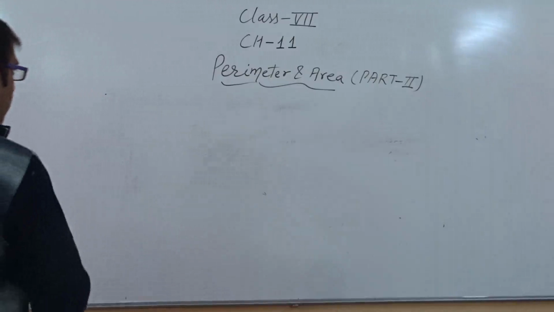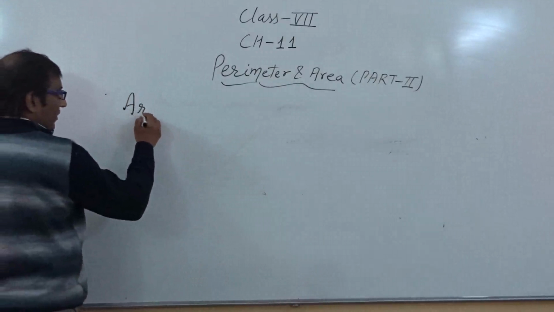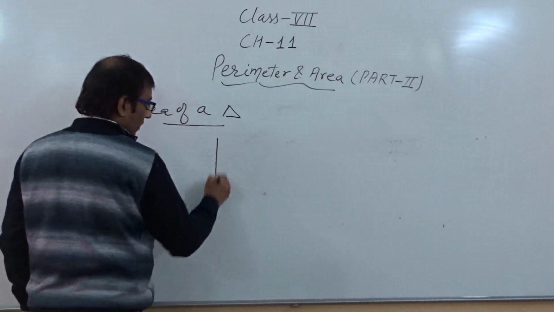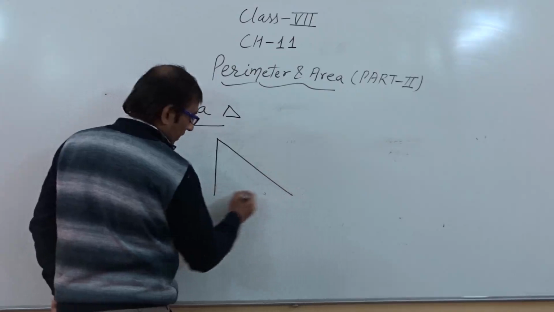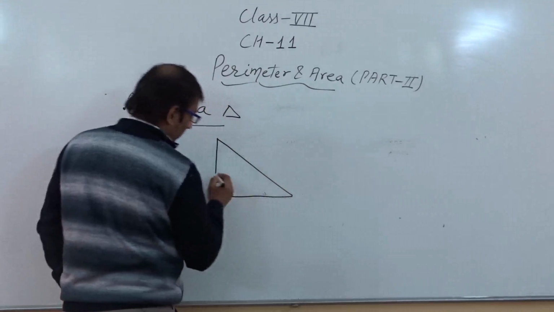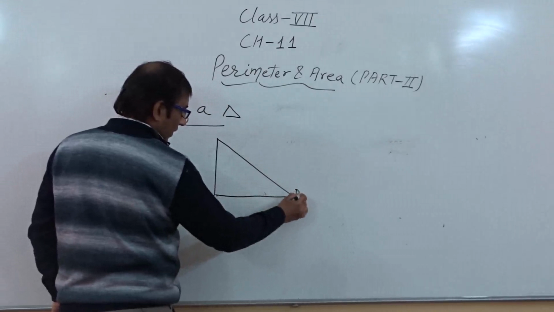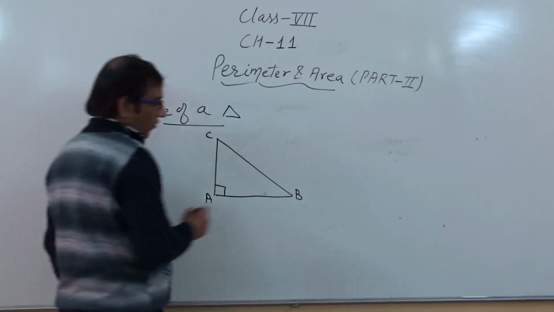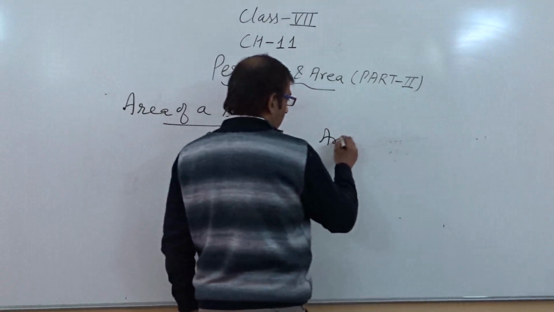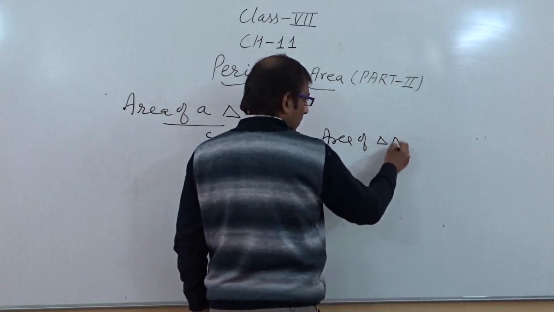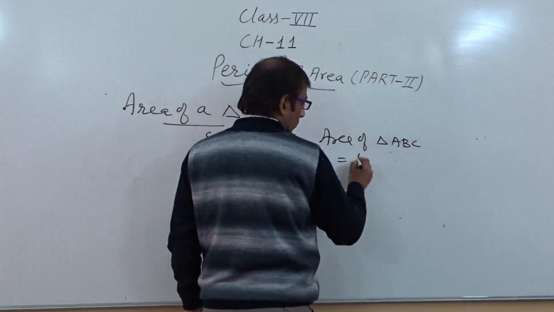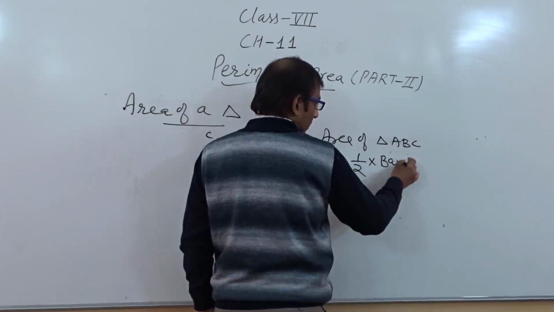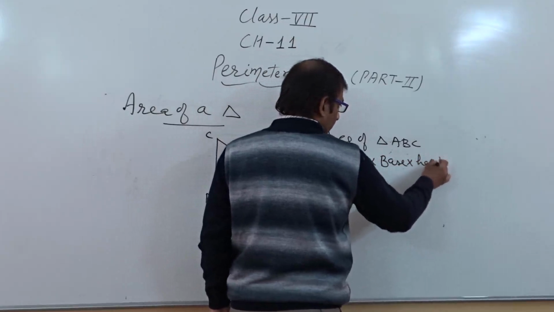What is area of a triangle? For example, if we are taking this type of triangle, this is A, B and C, and this is 90 degrees. So we can say area of triangle ABC is equal to half into base into height.